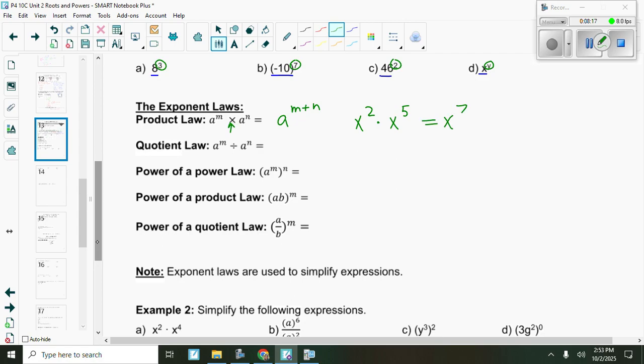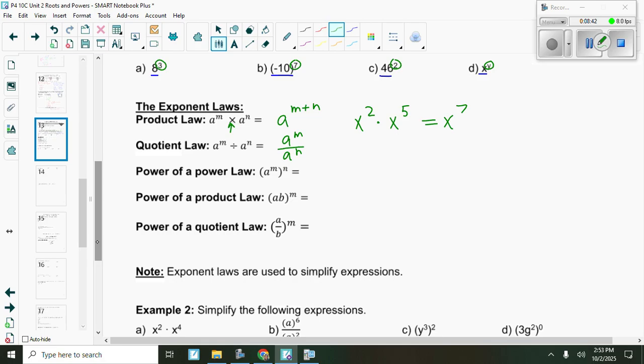The quotient law. Quotient means divide. When I have the same base and I'm dividing, I subtract my exponents. We can write it like this, or we can also write it as A to the M over A to the N. This is the same thing.